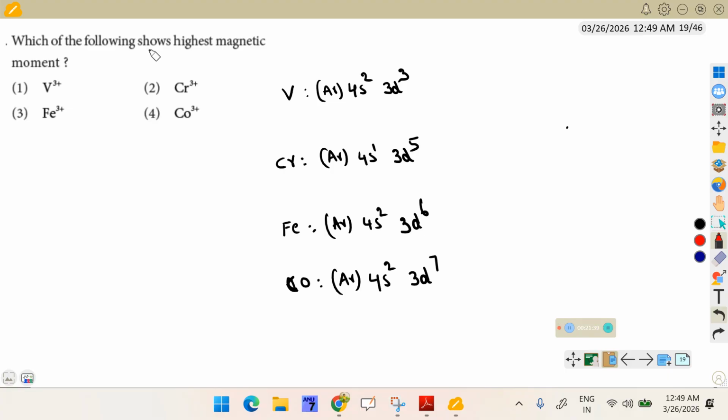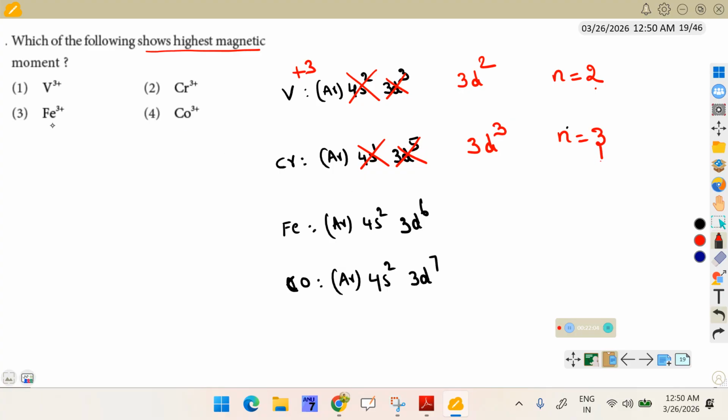Which of the following shows the highest magnetic moment? Vanadium 3 plus, remove 3 electrons. Then vanadium 3 plus electronic configuration is 3d2. Number of unpaired electrons is equal to 2. Cr3 plus, remove 3 electrons, electronic configuration is 3d3. Number of unpaired electrons is equal to 3.